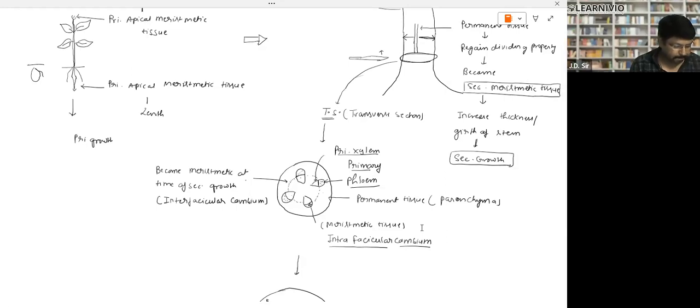Next point. Put the heading: Formation of cambium ring. Formation of cambium ring as a subheading.